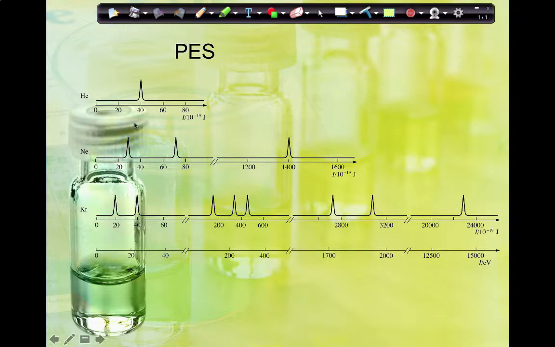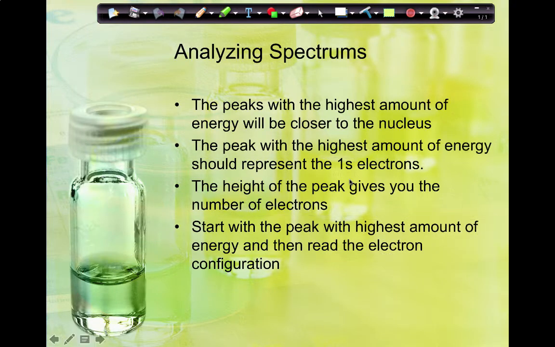Well, you can flip that around depending on who is drawing the diagram or what kind of PES you have, and it can go from higher to lower. The important thing is that you go to the PES spectrum and find the higher point, and you read from that point on.